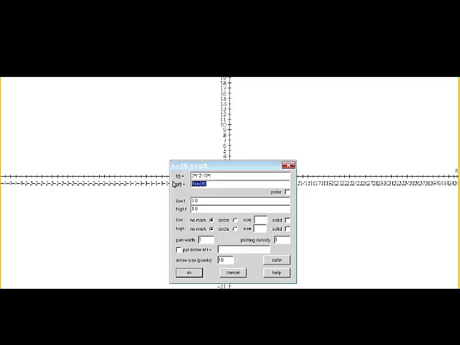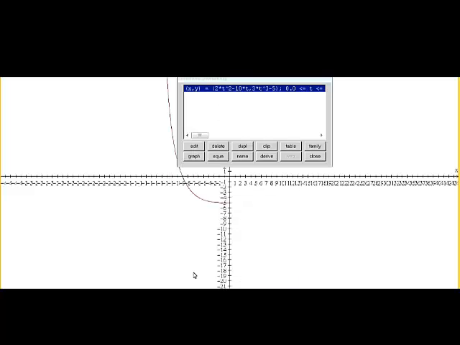And then my y direction is 3 times t cubed minus 5. And in parametric equations, you have to specify the range of t. So I'm going to do 5 seconds, so we go from 0 to 5 seconds. These are the two directions, and I say OK.